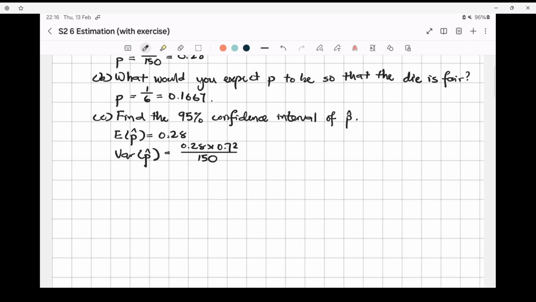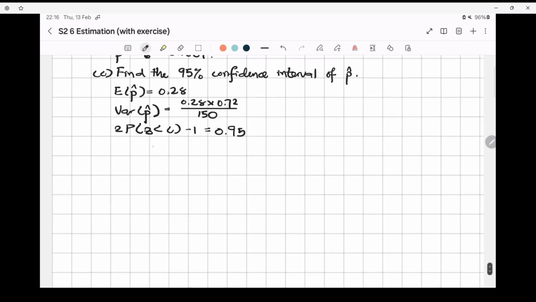So 95% confidence interval, you can just directly plug in the formula as before. 2 P(z smaller than c) minus 1 is 0.95. So P(z smaller than c) is 0.975, and you find that c is 1.96.